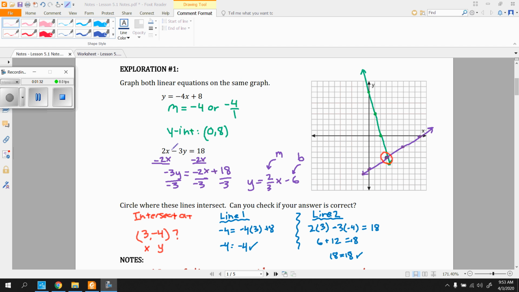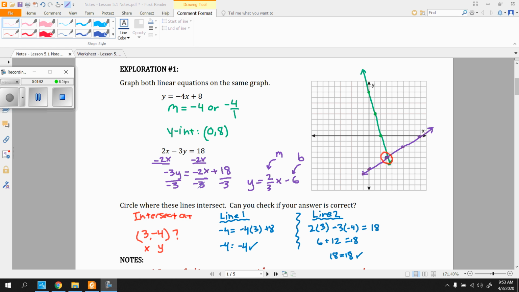The second line was not in slope-intercept form, so I had to put it in that form. I subtracted 2x from both sides, and then divided by negative 3 in all 3 spots. They canceled here, leaving us with y.